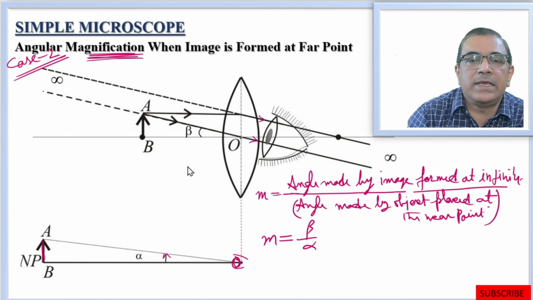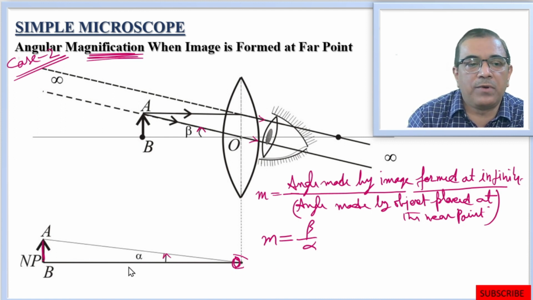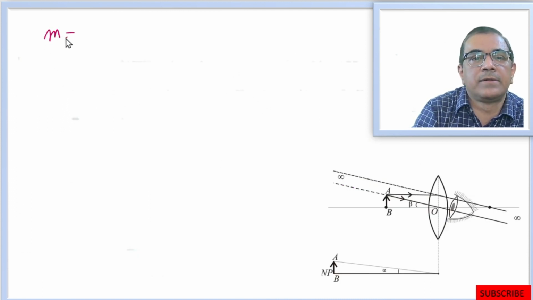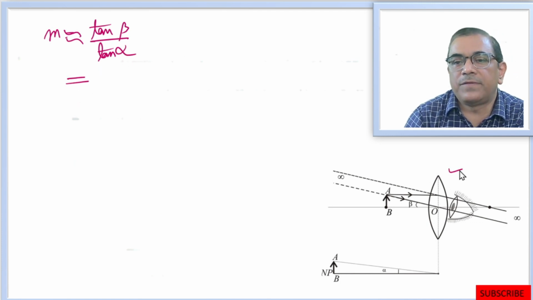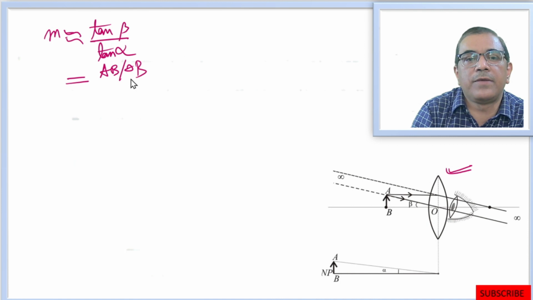Now as the angular sizes, the angles made by image and the angle made by object, are very small, that is why we should be able to write this m as approximately equal to tan beta by tan alpha, and this is further equal to, as you can see from this diagram, I should be able to write tan beta as AB by OB.